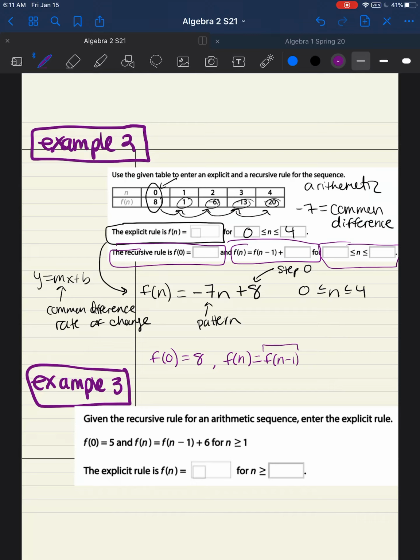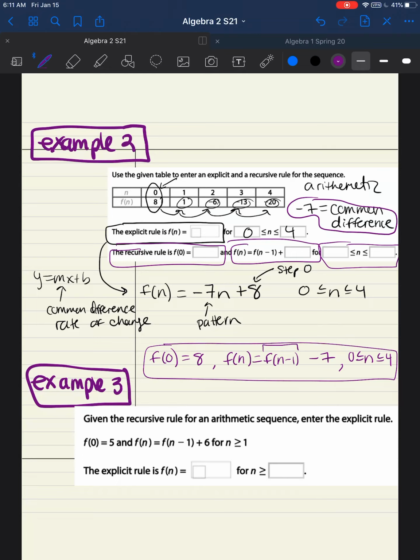Or what are we doing every time to the previous step? We're subtracting 7. So minus 7. And then we have our bounds, which are 0, less than or equal to n, less than or equal to 4. So everything in purple is recursive notation.